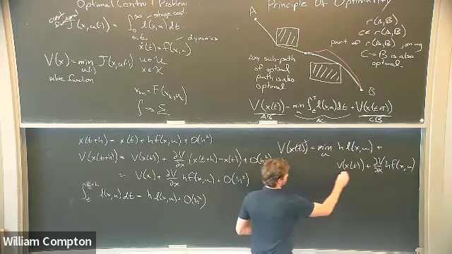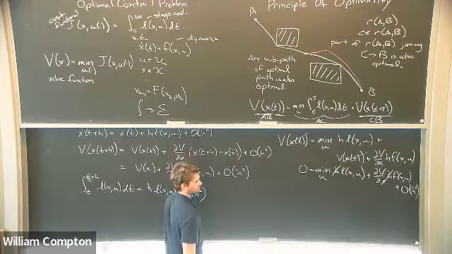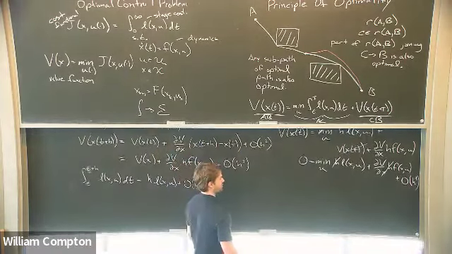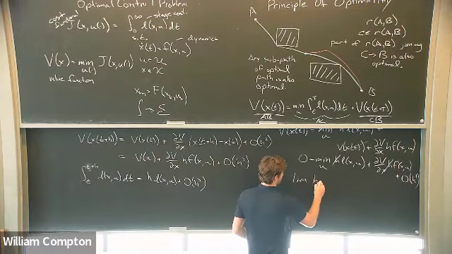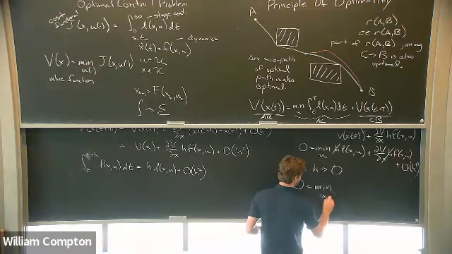And we can cancel the v of x on both sides. And again, we have the remaining h squared error term. We'll divide through by h to get something which is on the order of just O of h for the error, and then we can take the limit as h approaches 0, and we will end up with the HJB equation.